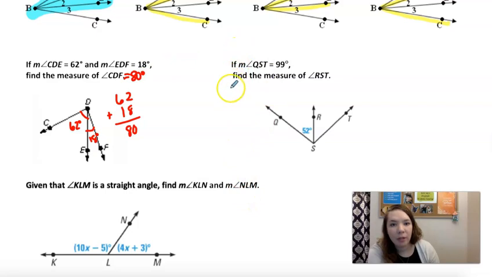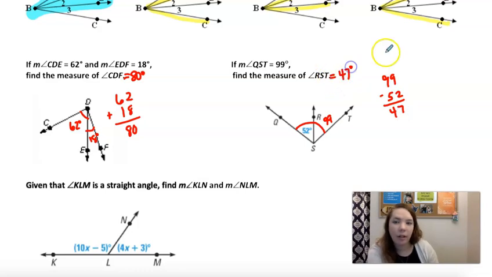If the measure of QST, the whole thing, is 99, and this piece is 52, we're supposed to find RST. So in this case, we'd have to subtract. 99 minus 52 should give you 47. So RST is 47 degrees.